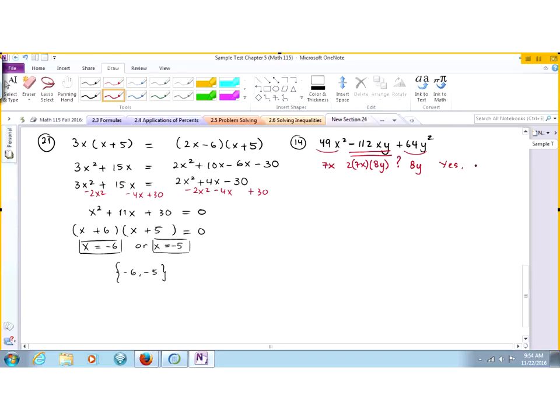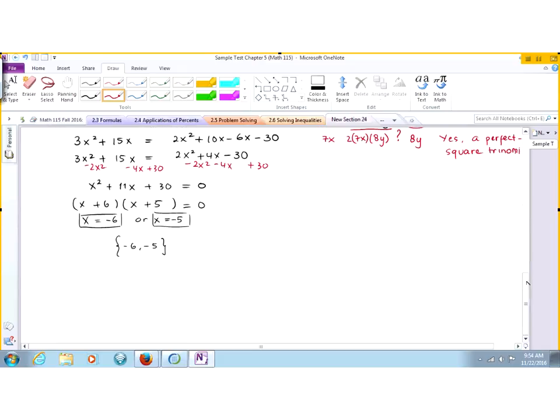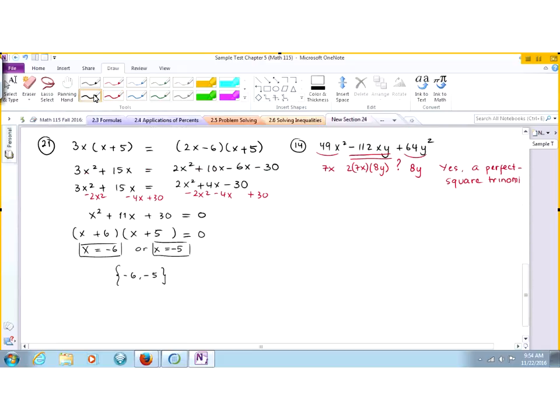So yes, this is a perfect square trinomial. Minus or plus? Minus. So your answer is 7x minus 8y squared. Finish.